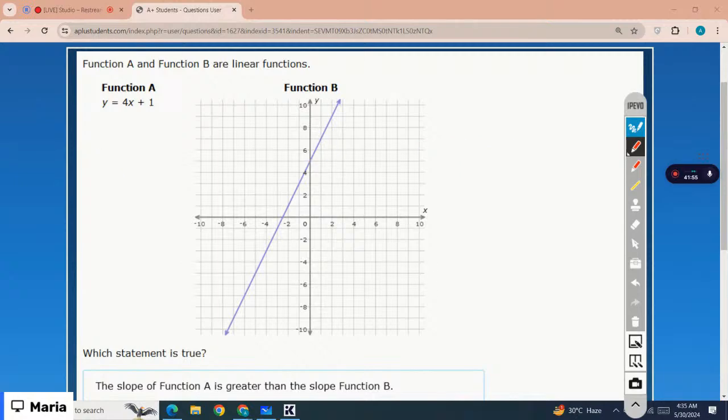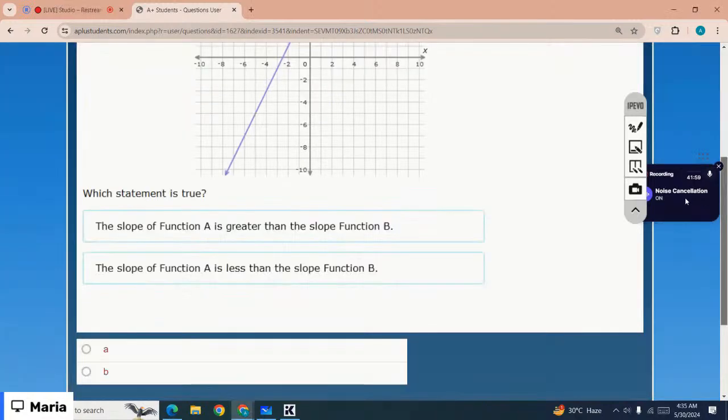The slope of function A is greater than slope of function B. Option number A is the correct option. Got it?